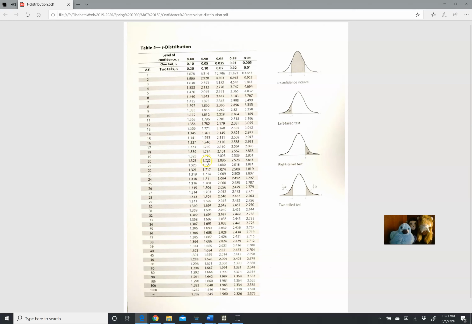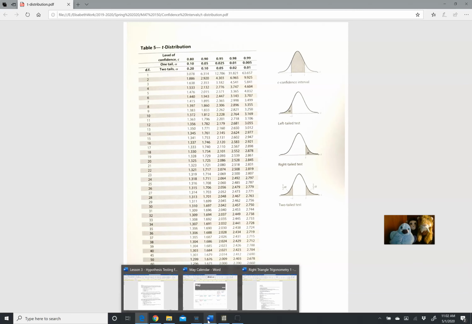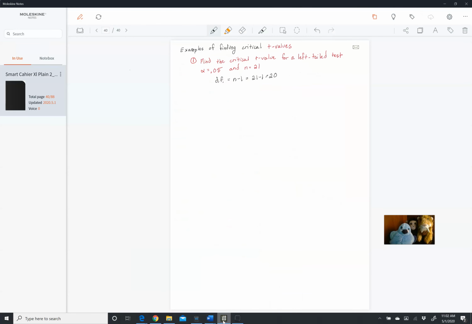Now, when it's a left tail test, we make it negative. If it's a right tail test, we keep it positive. If it's a two tail test, then we would have two critical values, one positive and one negative. So here, this is left tailed, so our critical t value is negative 1.725.